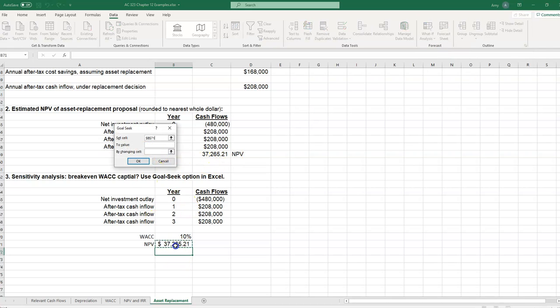So we want our net present value to be 0 by changing the weighted average cost of capital. So at a weighted average cost of capital of 14%, the net present value of this decision would be 0, at which point it wouldn't matter if we replaced machine A with machine B because the net present value would net out.